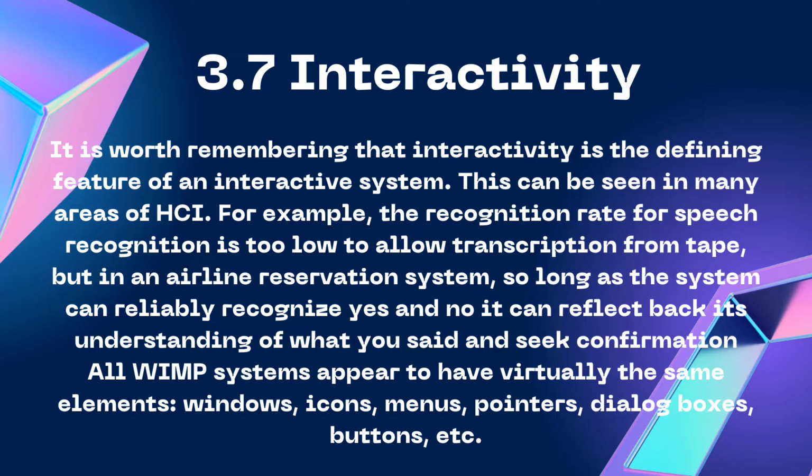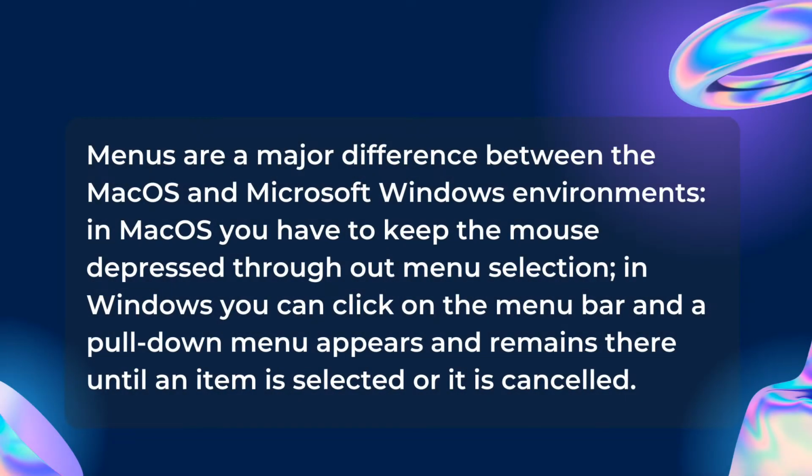All WIMP systems appear to have virtually the same elements: windows, icons, menus, pointers, dialog boxes, buttons, etc. Menus are the major difference between the Mac OS and Microsoft Windows environments. In Mac OS, you have to keep the mouse depressed throughout menu selection.